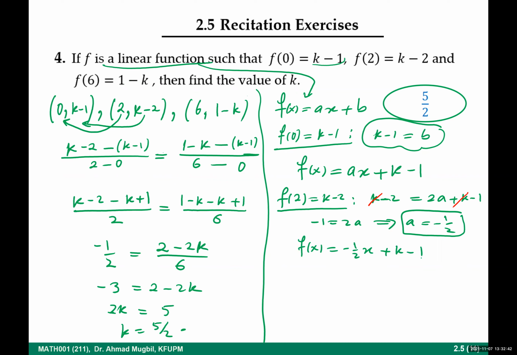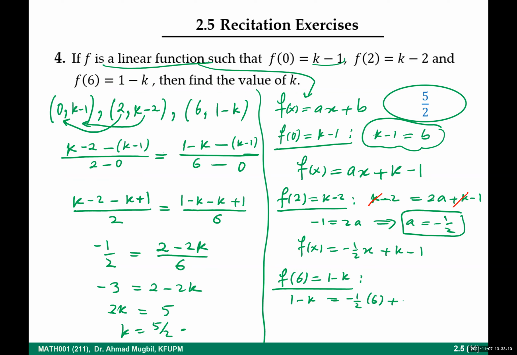By the way, we can use the point slope form instead of doing this. f at 6 equals 1 minus k. I wish this will give me now my k. Instead of the function, we will put 1 minus k equals, instead of x, we will put 6.